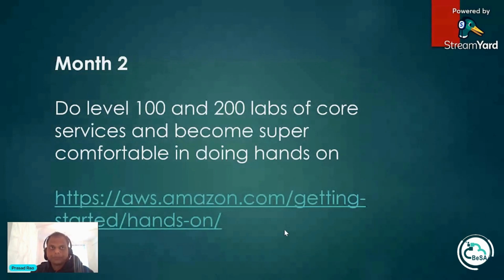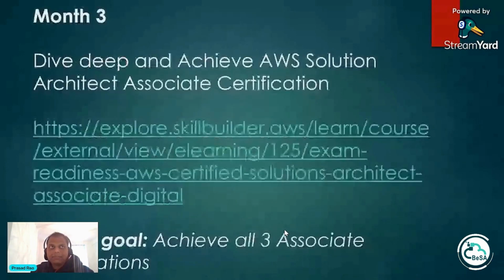Third month, by this time you should be in a shape where you would be able to achieve your AWS Solutions Architect Associate certification. The link that I have provided here is the AWS Certified Solutions Architect Exam Readiness.